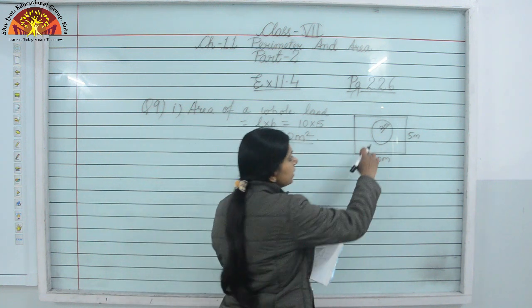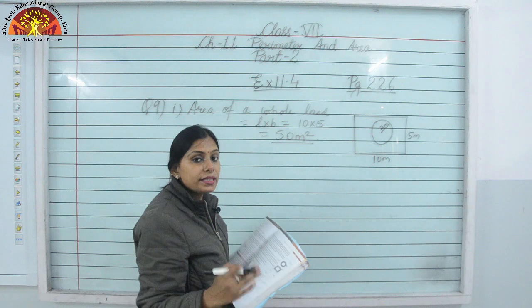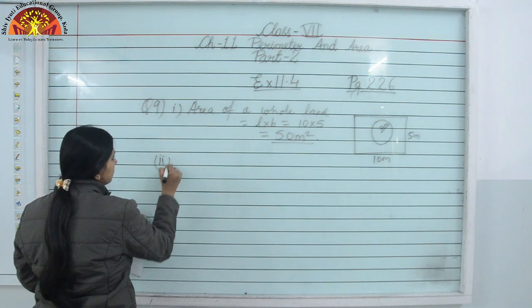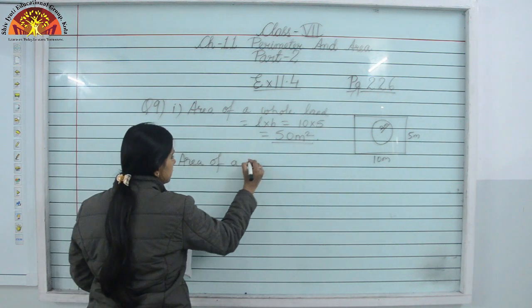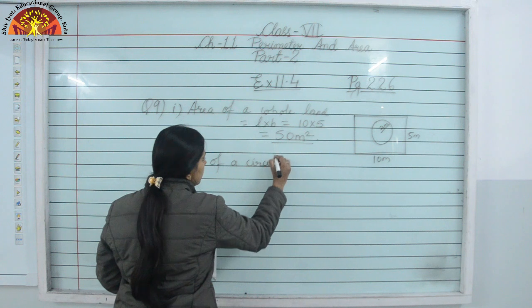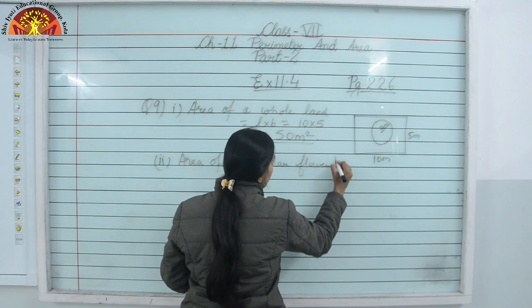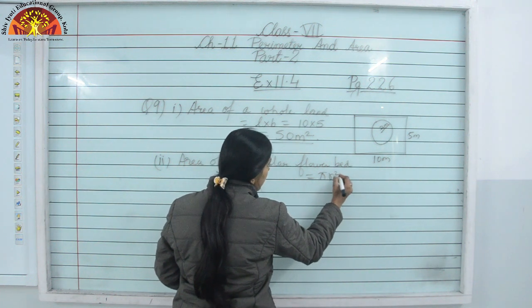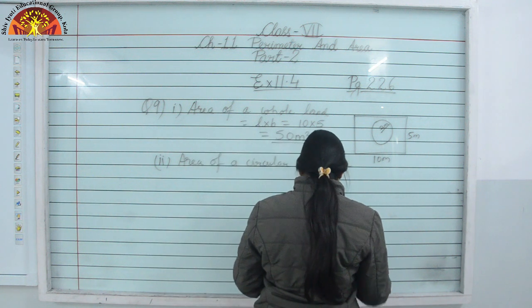You can see, children, that this flower bed is circular, so you have to find the area of a circle. So just see the second part. Area of a circular flower bed is equal to pi r square, because this is a circle. And what is the value of pi you can take?